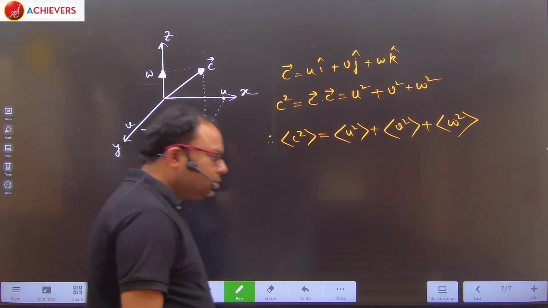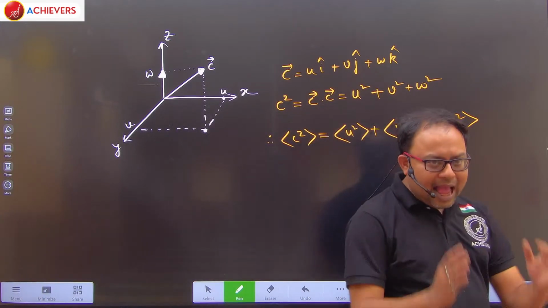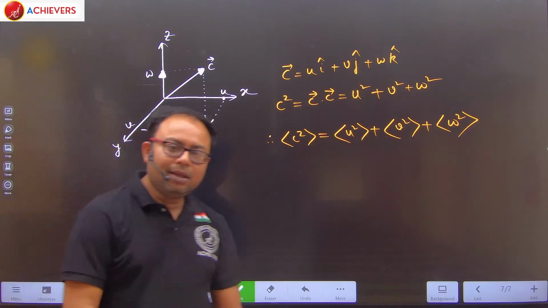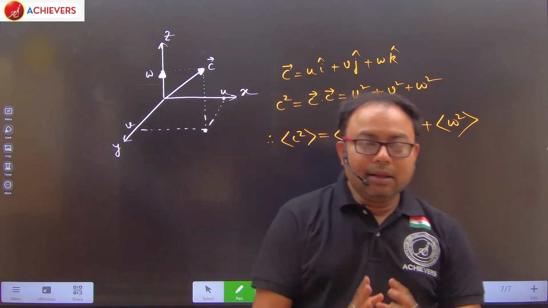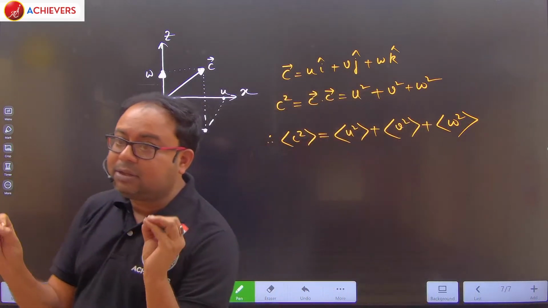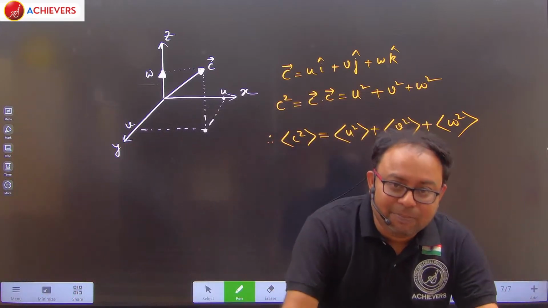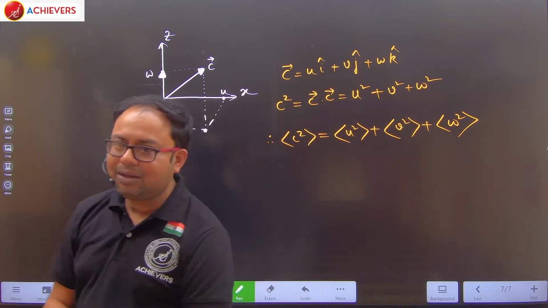Now students, you have to visualize one important thing. The molecules are supposed to move in an unbiased manner. What does that mean?